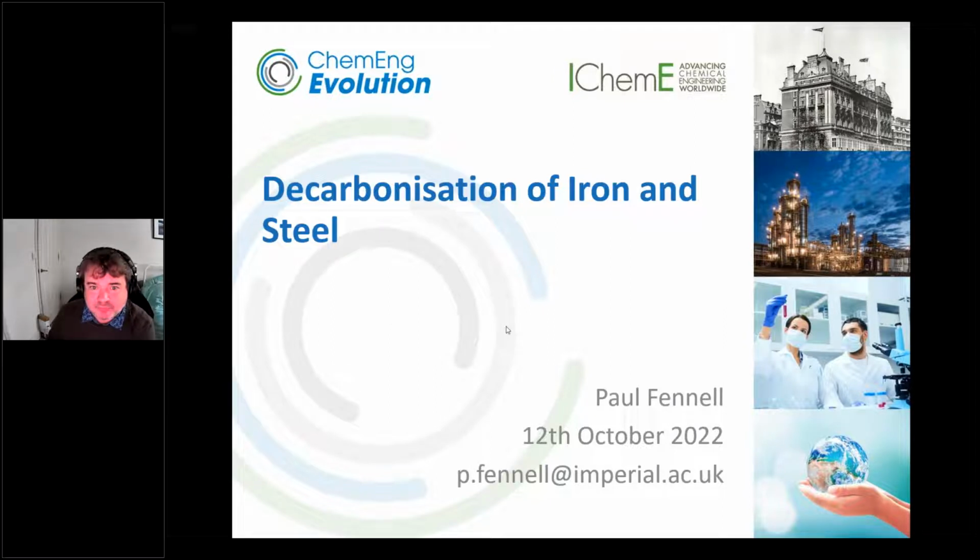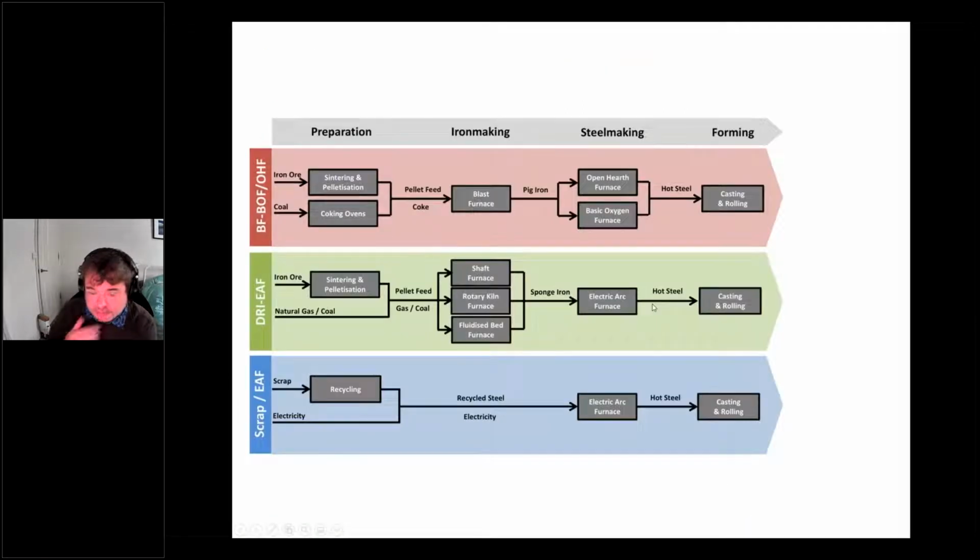Right. So talking about decarbonisation of iron and steel, and then I'm going to talk a little bit about cement later. There are three main ways that you can make iron and steel. You can go the blast furnace route, the old school way, with lots of coking coal and lots of different CO2 emissions at different parts of the process to make pig iron, and then go to a basic oxygen furnace, and then you've made your steel.